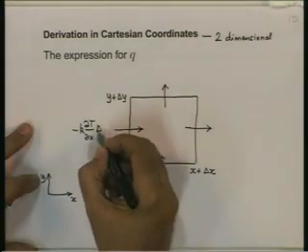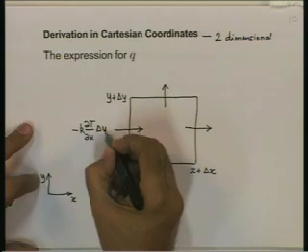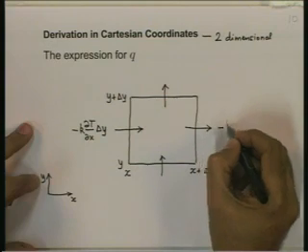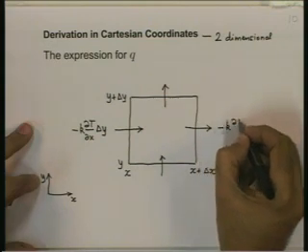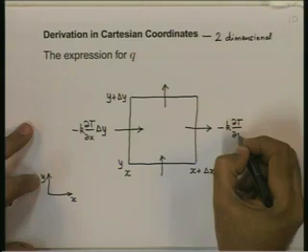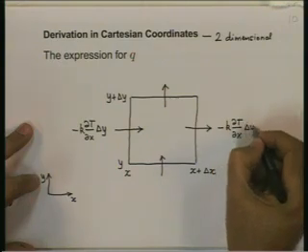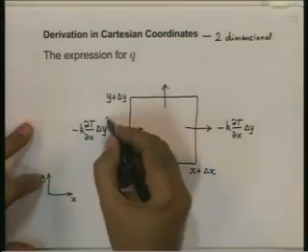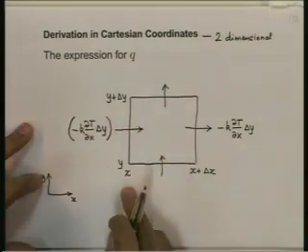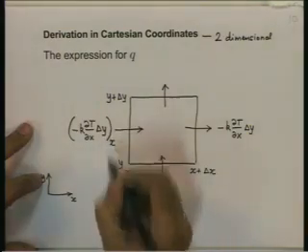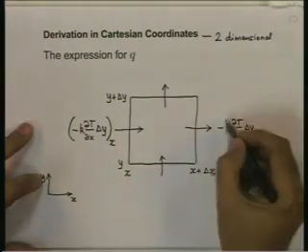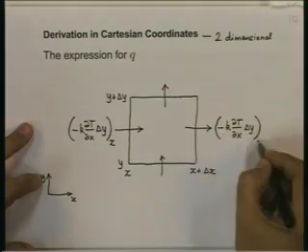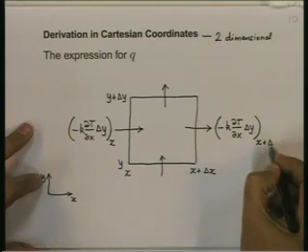So this is delta y. A similar term will occur here, minus k dT by dx into delta y. The difference is this term is evaluated at x location on the x coordinate. This term is evaluated not at x but at x plus delta x.